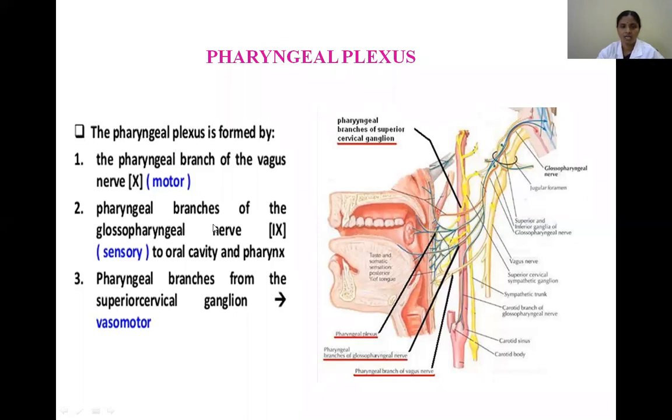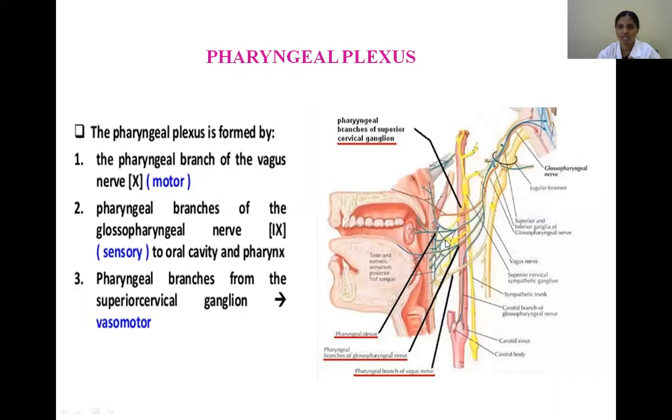Then the other branch is sensory. What is that? A pharyngeal branch of the glossopharyngeal nerve. So here it is the sensory branch. Then a pharyngeal branch from the superior cervical ganglion, meaning sympathetic fibers. From the superior cervical ganglion, a pharyngeal branch extends and joins with the other two pharyngeal branches derived from the vagus and glossopharyngeal.